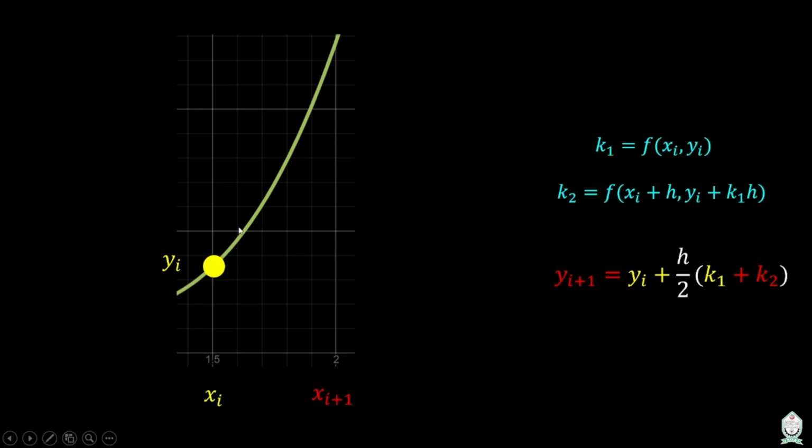So we have this initial value at hand, and if we plug this coordinate into the function, that will give us k1, which is the tangent of the function at this point.